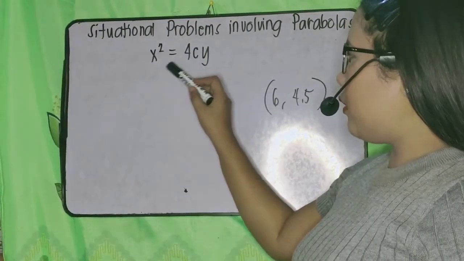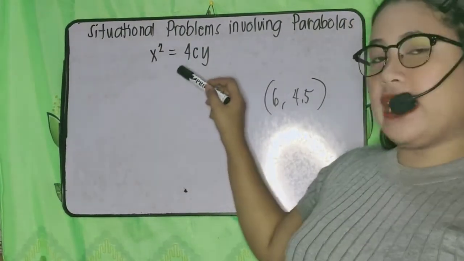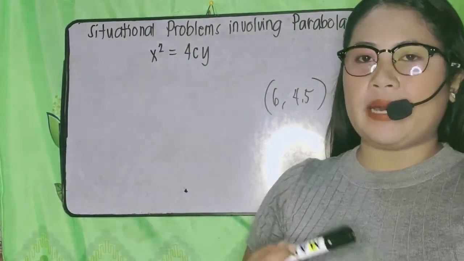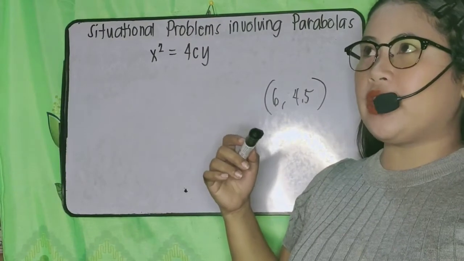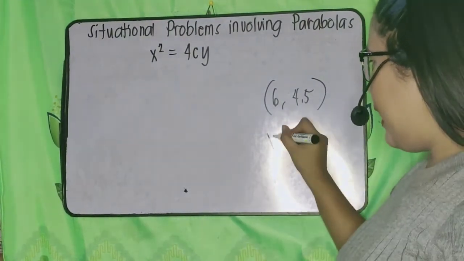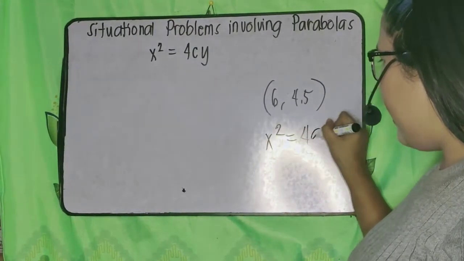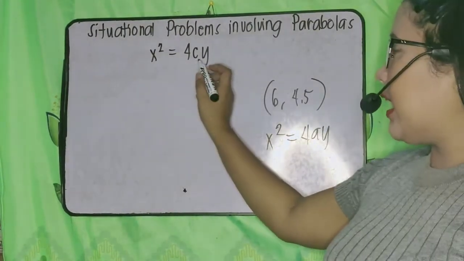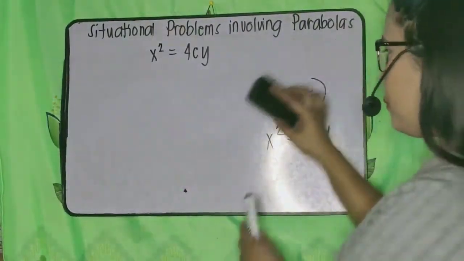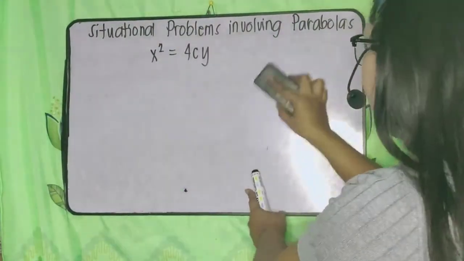Saan po galing yung x squared equals 4cy? Galing po to doon sa our previous lesson, yung mga formulas po. Ginamit ko dati doon is x squared equals 4ay. Halimbawa yan. So dito, gagamitin po natin yung c. Okay, so we're going to use c. Para po sa magtatanong kung saan galing itong formula natin.